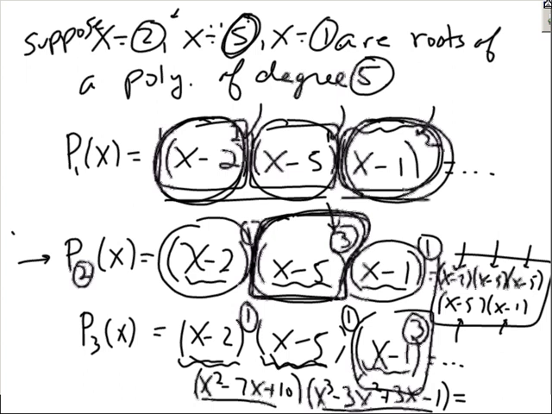The exercise here is to know that you must have x minus 2, because 2 is a factor. I meant to say a root. You must have x minus 5, because 5 is a root. And you must have x minus 1, because 1 is a root. And the powers have to be at least 1 and multiply out to 5.